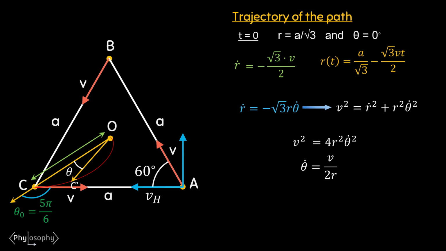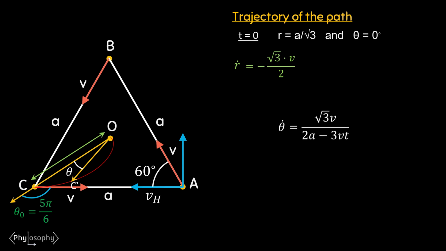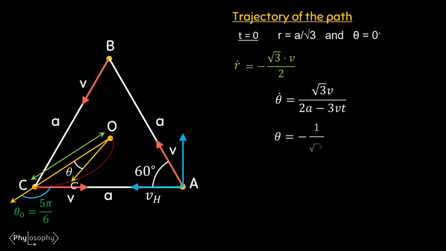Now in this expression of θ̇, if we replace r, then θ̇ will be √3 v/(2a - 3vt). Now again integrating both sides, we will have θ = -1/√3 log(2a - 3vt) + c′.